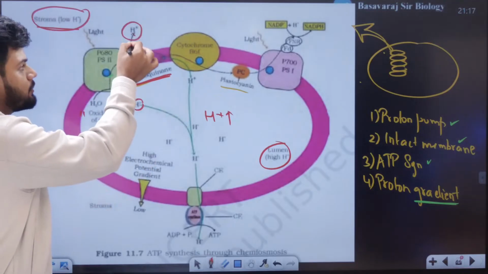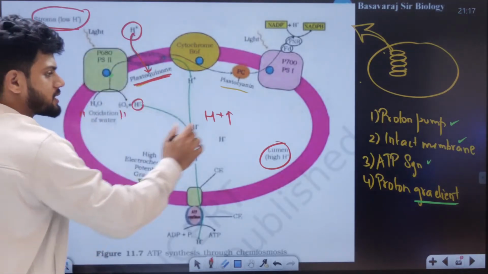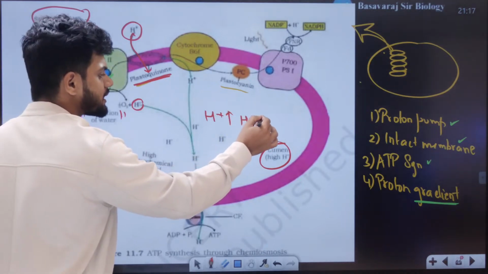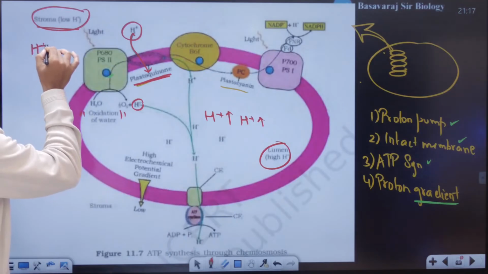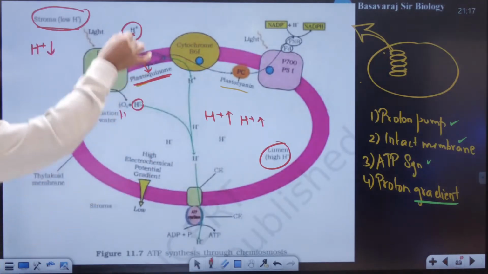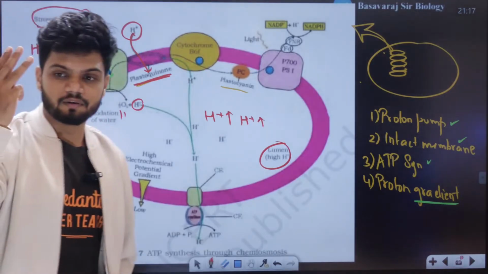Can you see? It's being pulled here. So can I tell, because of this process, the H plus concentration is increasing on the inside, and outside the H plus concentration is decreasing, because the H plus is entering inside the lumen. That is the second method. The third one, okay.